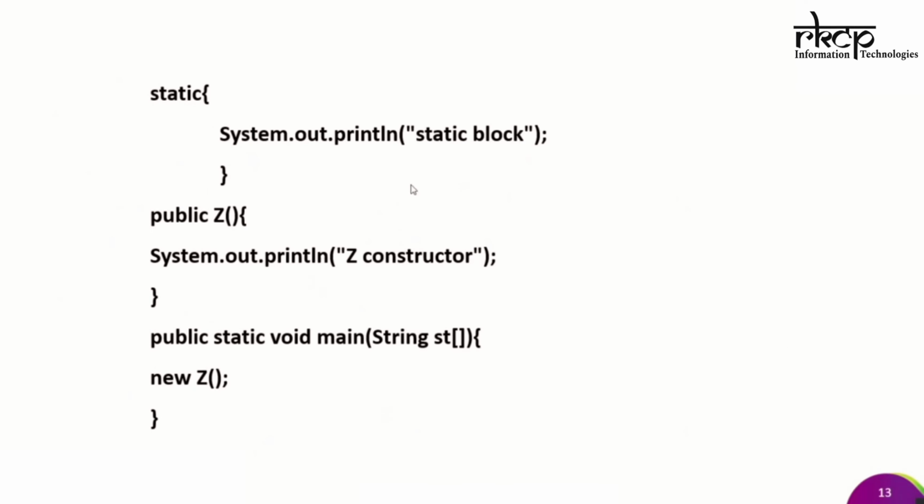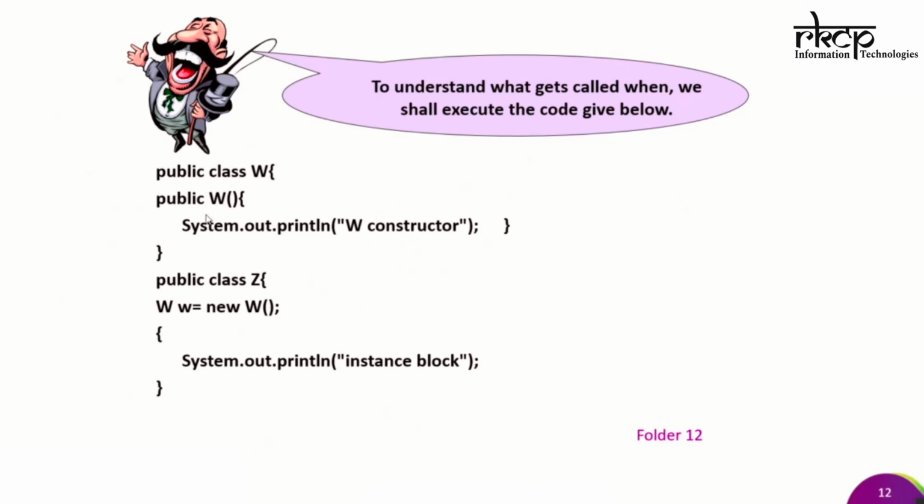So see the picture here: you have a static block, which means in any program your static initializer will execute first. After the static initializer, your constructor will execute, because you are going to create an object here. A constructor only executes if you create an object of that class.